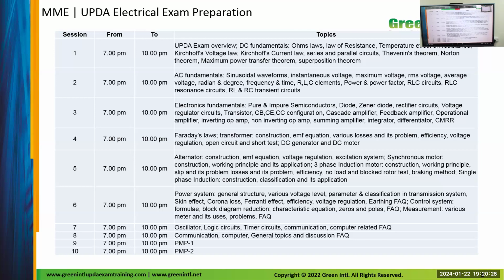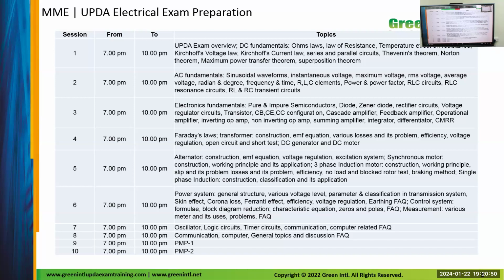We also have frequency and time. Once we know the voltage, we discuss the passive components: resistance, inductance, and capacitance, and how they behave when you apply a DC voltage and an AC voltage. When you apply the AC voltage, we discuss the power factor.